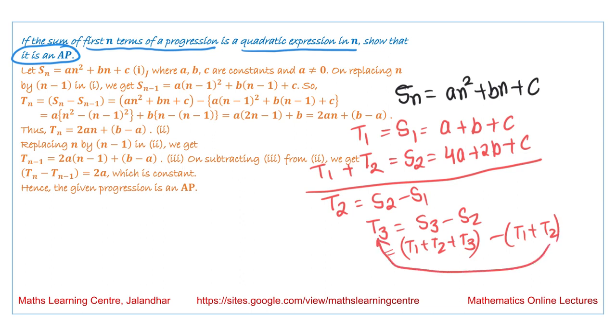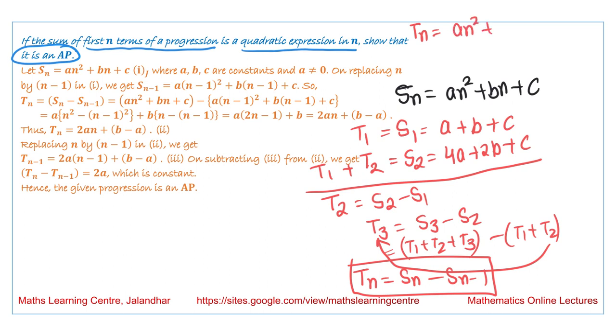Continuing in this way, the nth term will be given by Sn minus S(n-1). So Tn is equal to an square plus bn plus c minus a into n minus 1 square plus b into n minus 1 plus c.